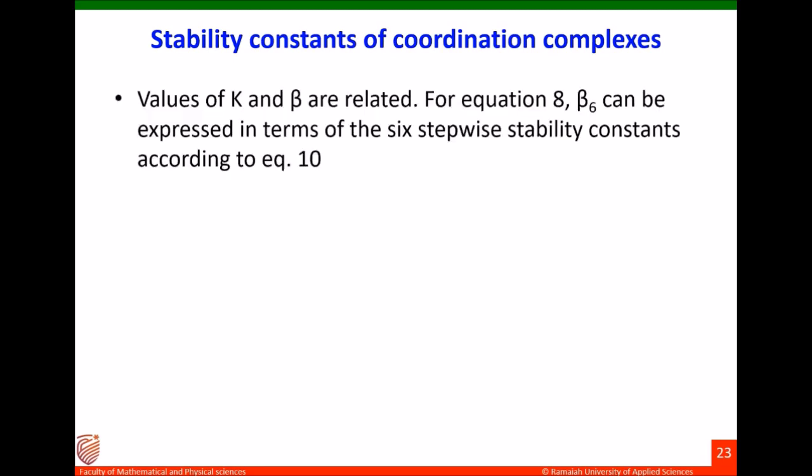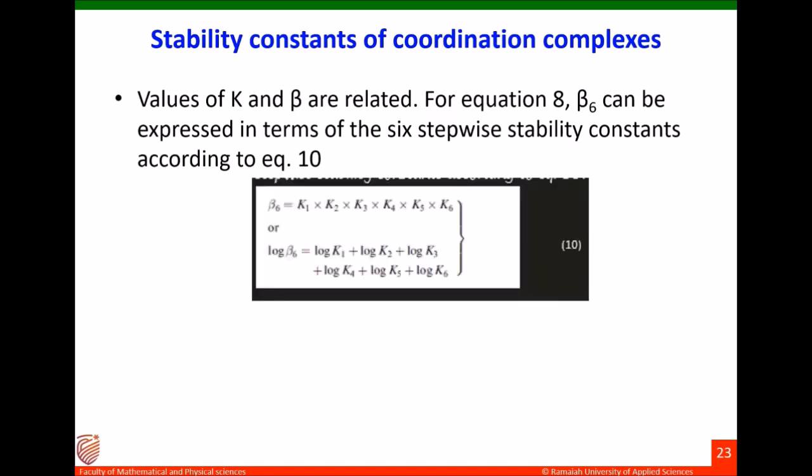Now we know that the values of K and beta are related. How? Beta 6 is the product of all the stepwise stability constants. So beta 6 equals K1 into K2 into K3 into K4 into K5 into K6. If you take the logarithm, log beta 6 equals log K1 plus log K2 plus log K3 plus log K4 plus log K5 plus log K6.